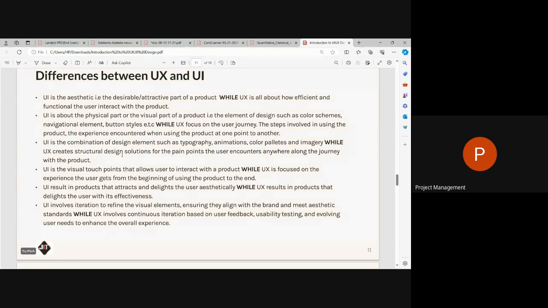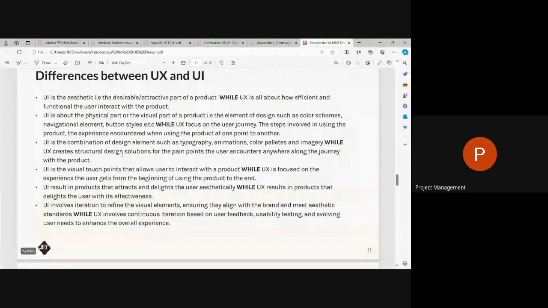We bring everything together to create a visually attractive user interface. While UX creates the structural design solutions for the pain points the user encounters. UX is the one that gives solutions to the user's problems; it is centered around solving the user's pain points and their needs.